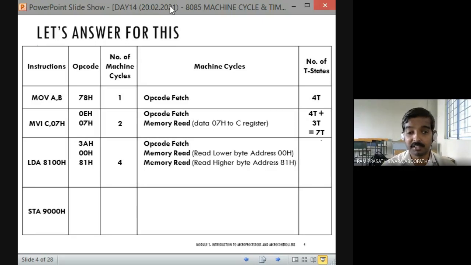Now it knows what to do and from which address to take the data. Whether the operation is done now, with these 3 machine cycles? Whether it executed the operation? No, definitely no. From where it has to take the data now? It has to take data from an address. From where? Memory location or internal operand?